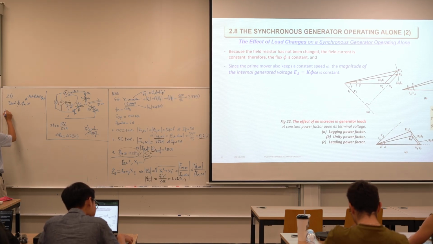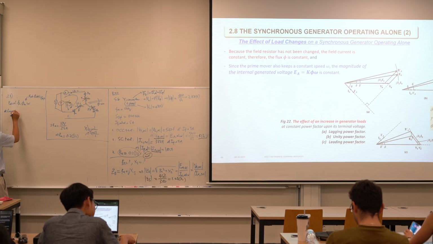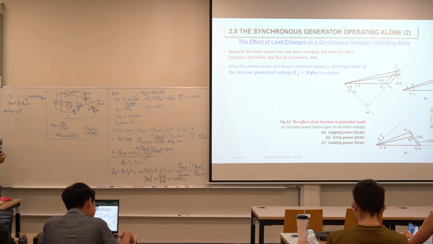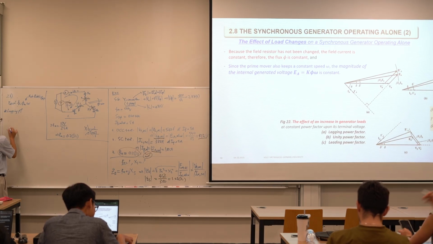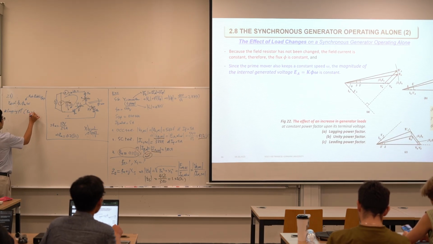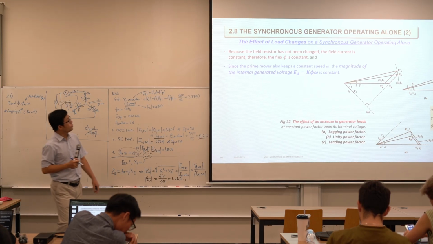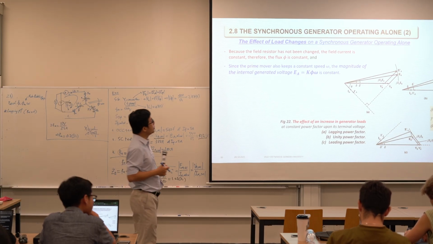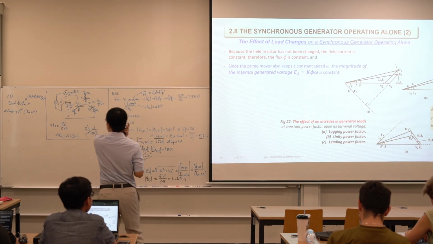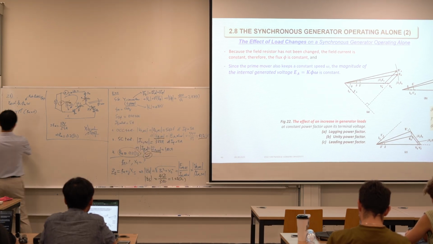So, and then we have lagging power factors. We assume this RA is 0. Yeah, RA is 0. So, we can have the phasor diagram.